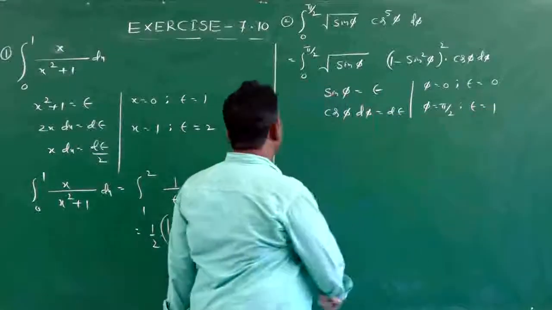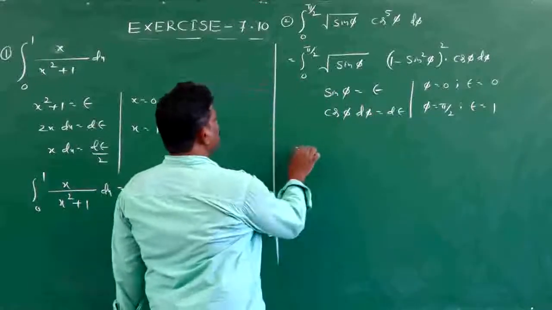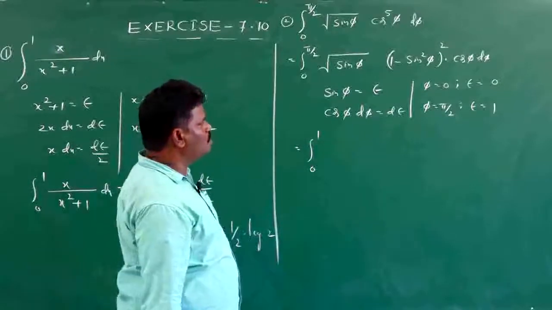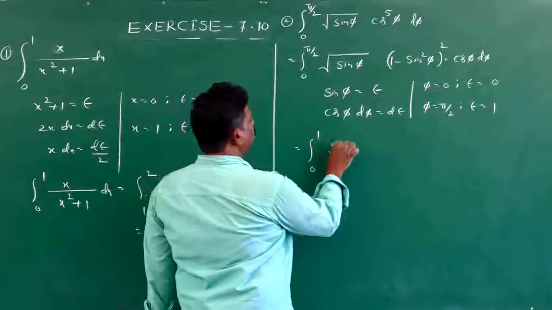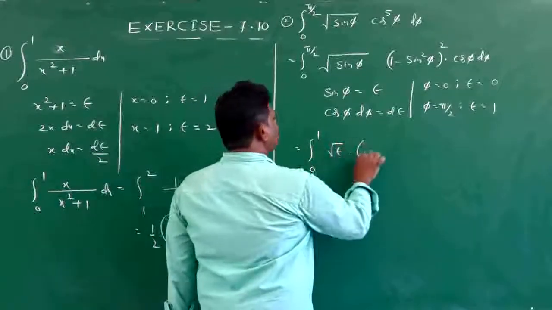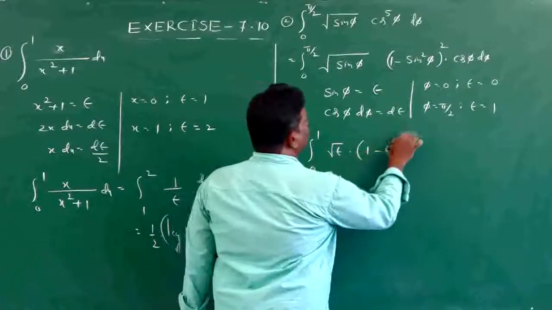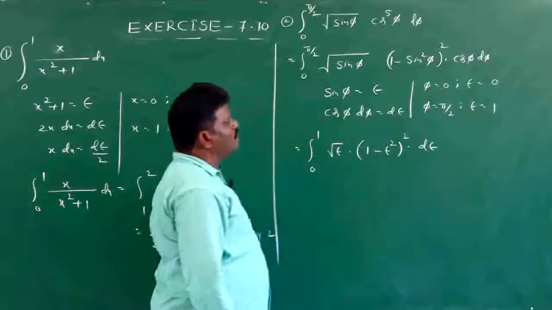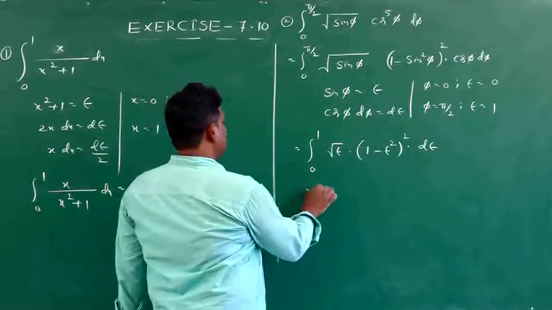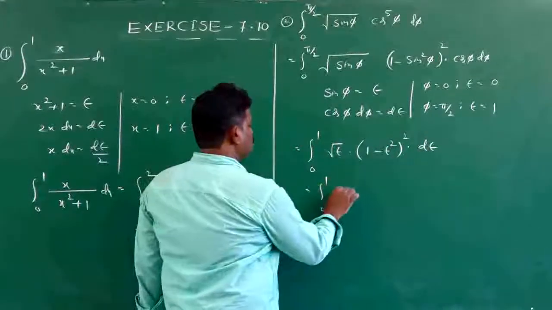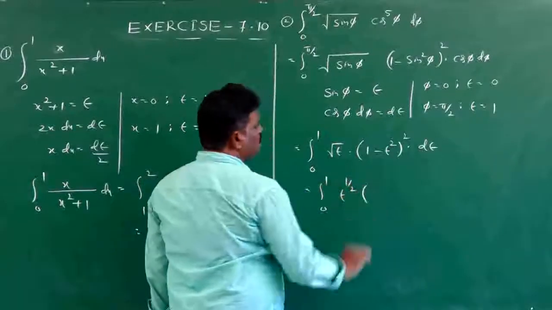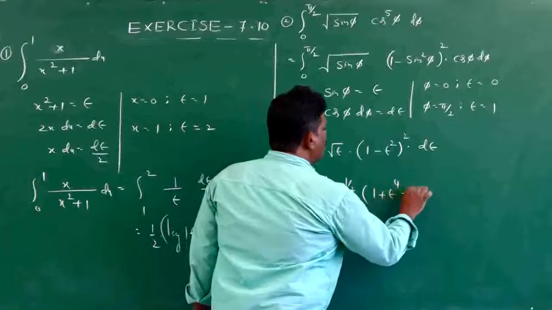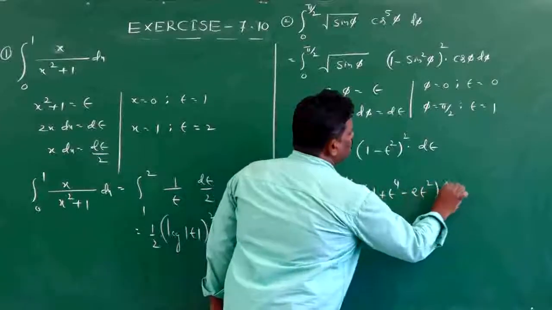Now giving the limits, the integral is from 0 to 1 of root t into 1 minus t square whole square, where cos phi d phi is equal to dt. Okay? Now writing it out, the integral from 0 to 1 of t power 1 by 2 into (a minus b) whole square formula: 1 plus t power 4 minus 2 t square.